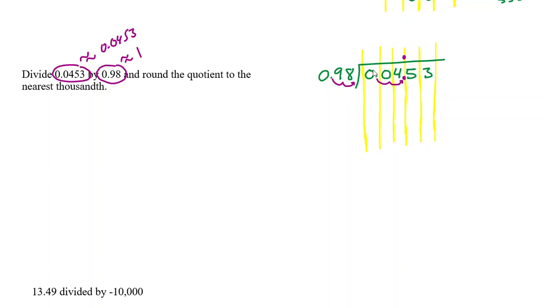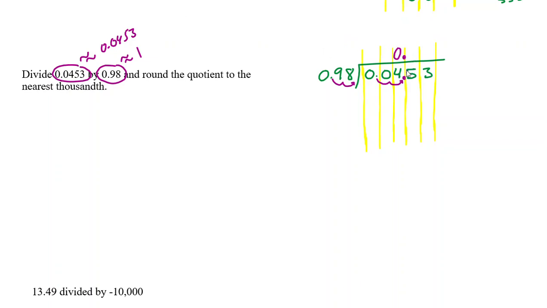So we've got a whole bunch of columns here with zeros in them. Obviously 98 does not go into 0. And it doesn't go into 4, but I'll put a 0 there. 98 goes into 4 0 times. I'll put a 0 there just to kind of get my placeholder for my decimal. My decimal is going to be there.